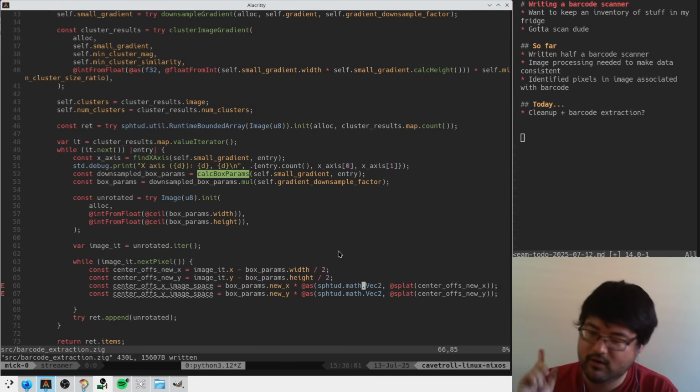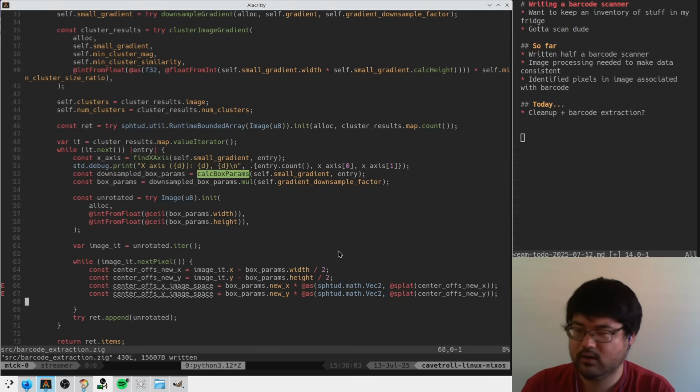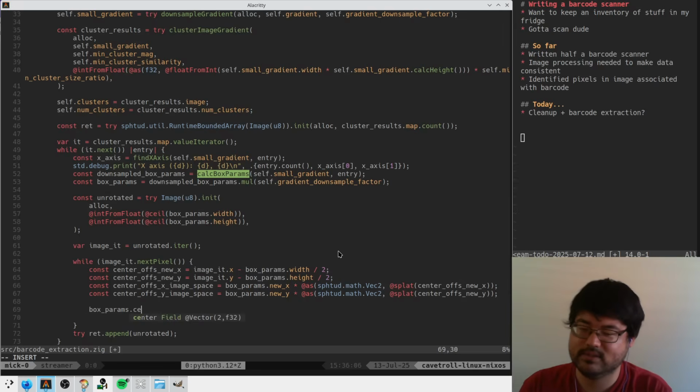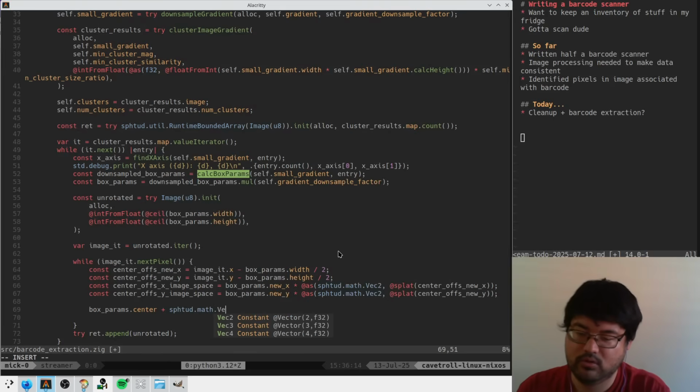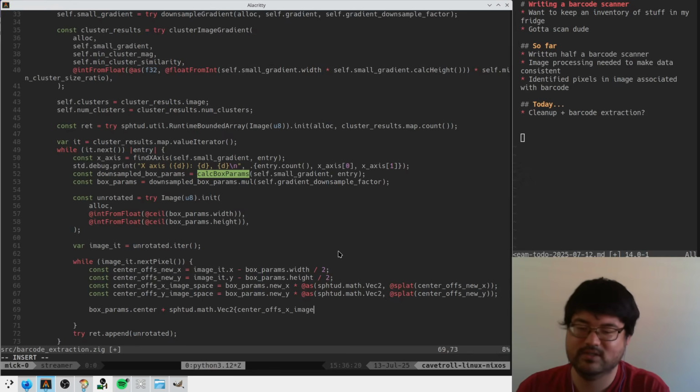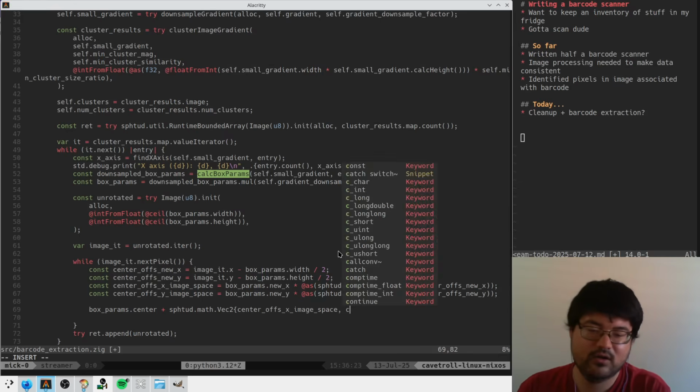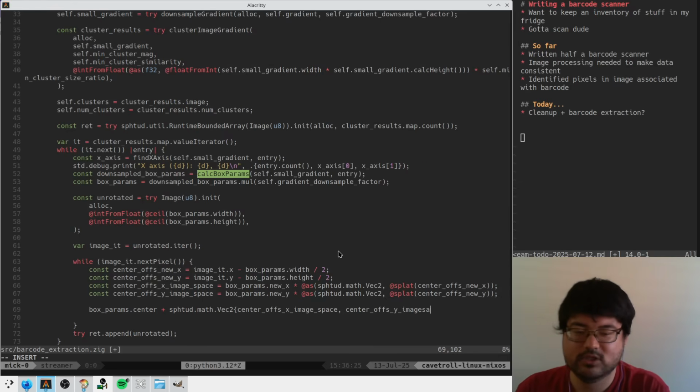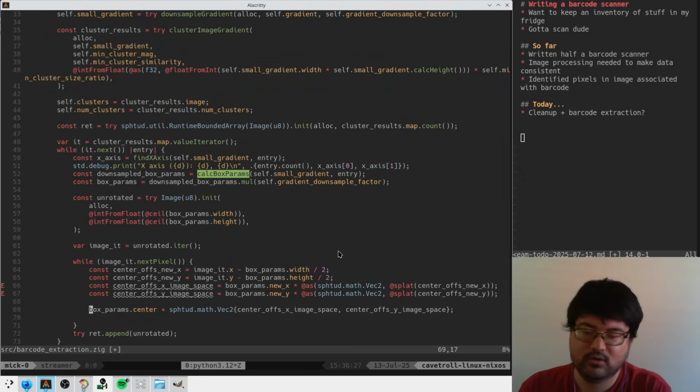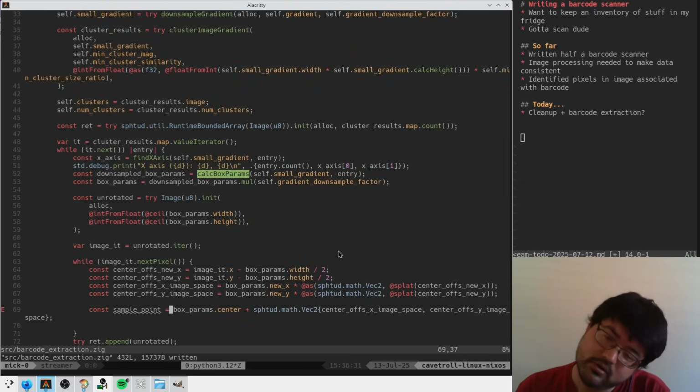Nice. And then we take box params center plus, yeah, center offs x image space, center offs y image space, sample point. This is in float though.